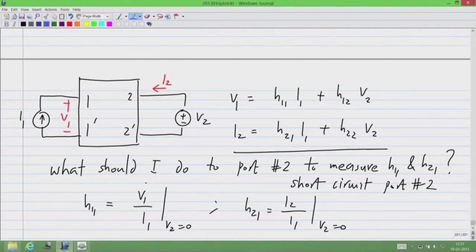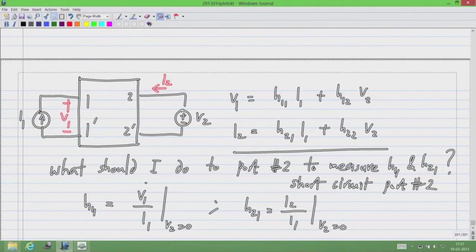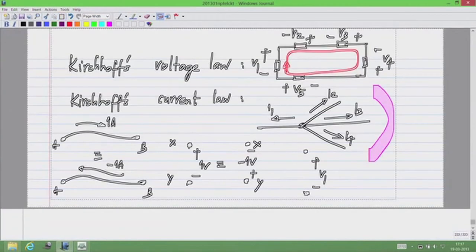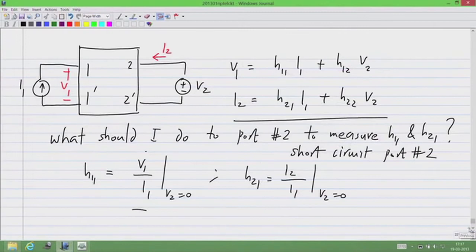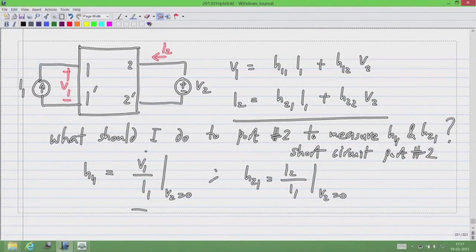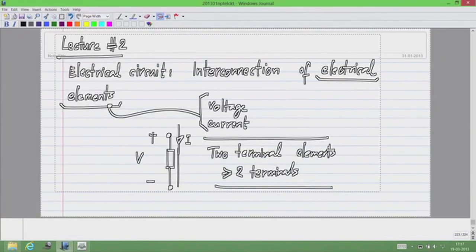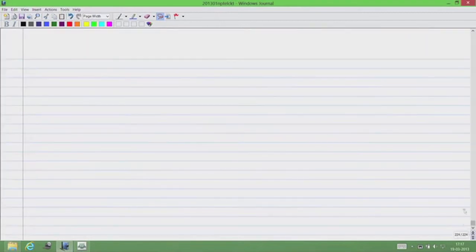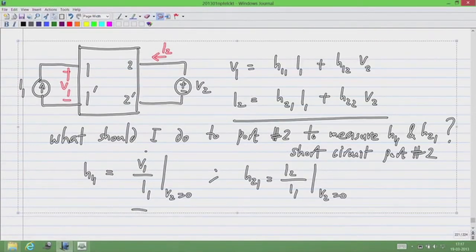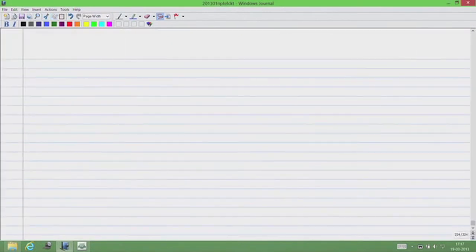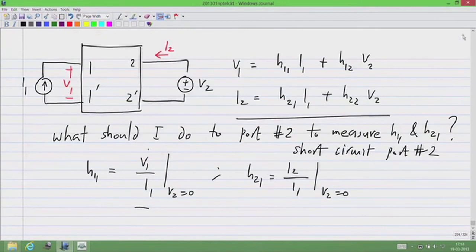Similarly, let me copy this over. So the next thing is the obvious extension of it.